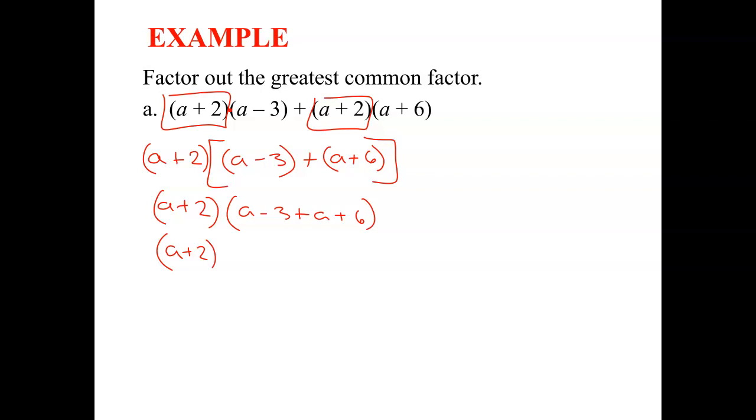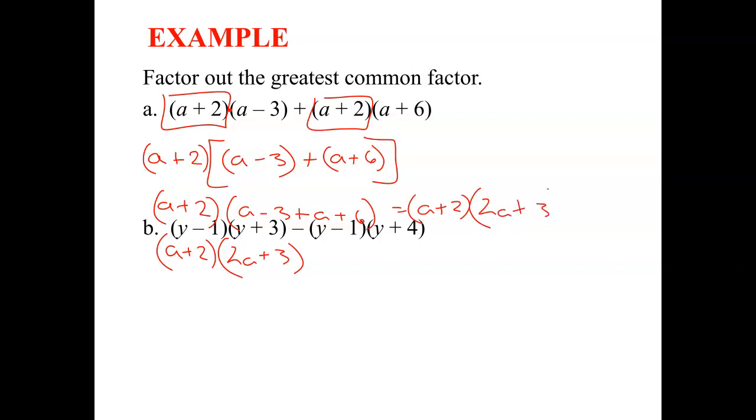A minus 3 plus a plus 6. Yeah, combine your like terms. Then we can go ahead and combine our like terms.